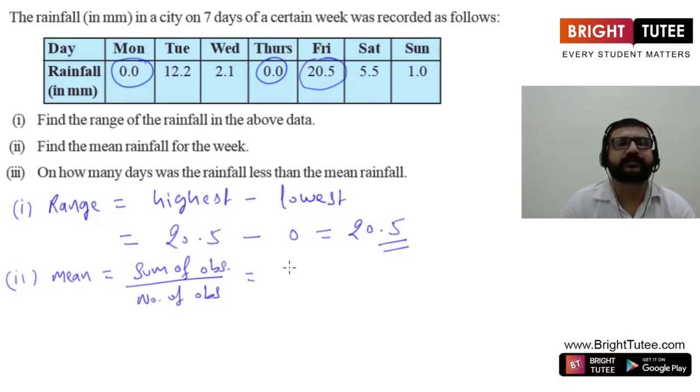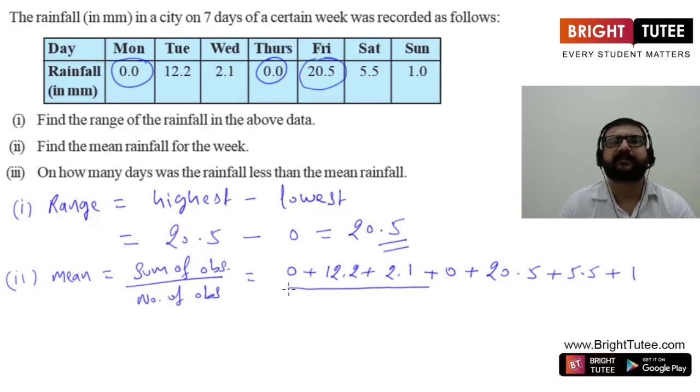So this will be equal to 0 plus 12.2 plus 2.1 plus 0 plus 20.5 plus 5.5 plus 1, divided by the number of observations. This data is for 7 days of a week, so it will be 7 here. Now by finding the sum and dividing it by 7, we will get the mean.